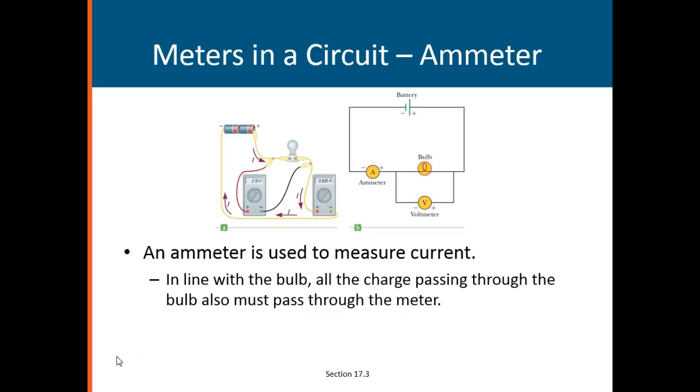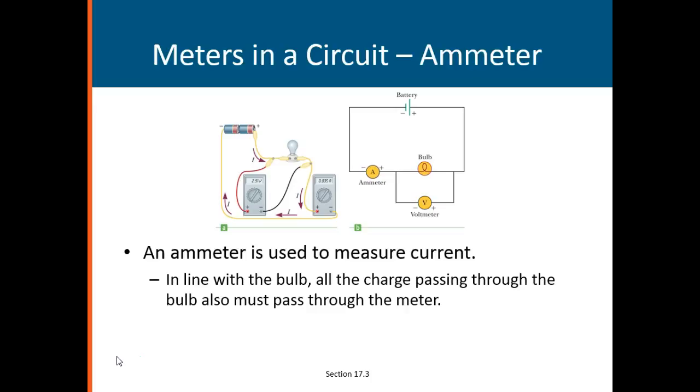Now, in order to measure current that's flowing through, say, a bulb here, you have to make sure that your ammeter is in the circuit. It can't be outside the circuit. So from the battery, remember conventional current is in the direction that the positive charge would move, even though most of these are electrons moving in the opposite direction.